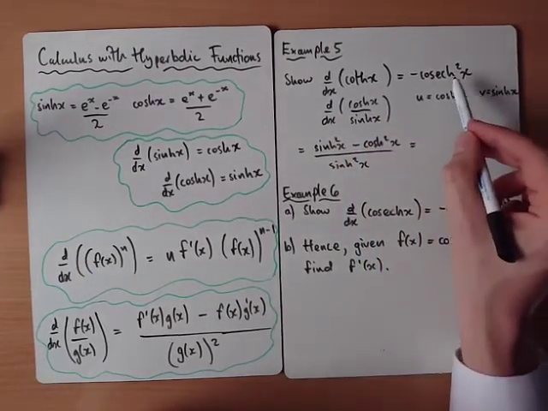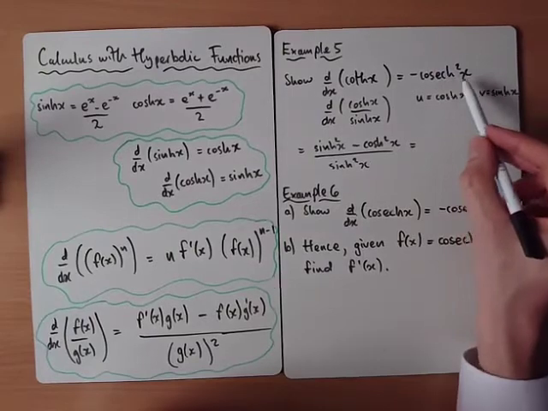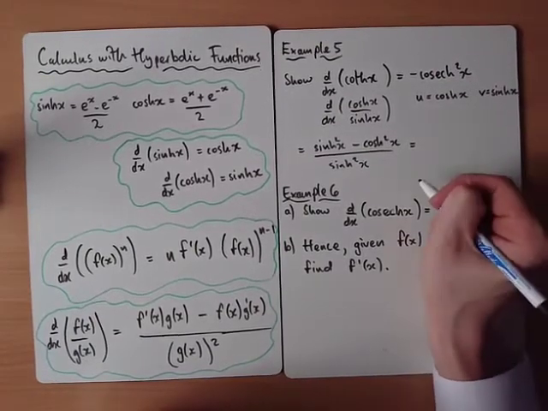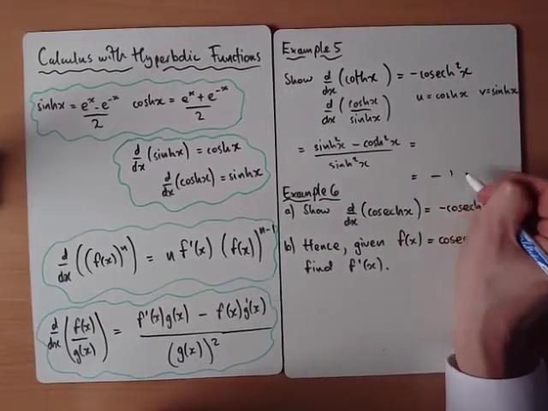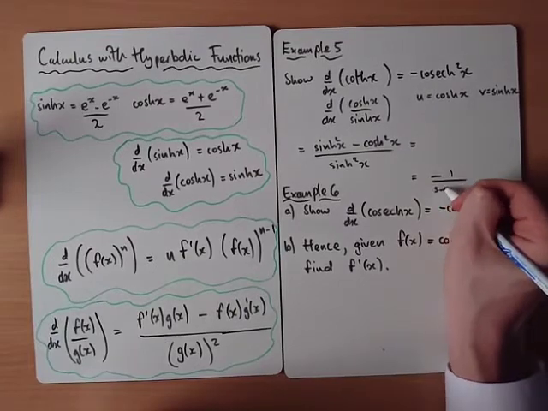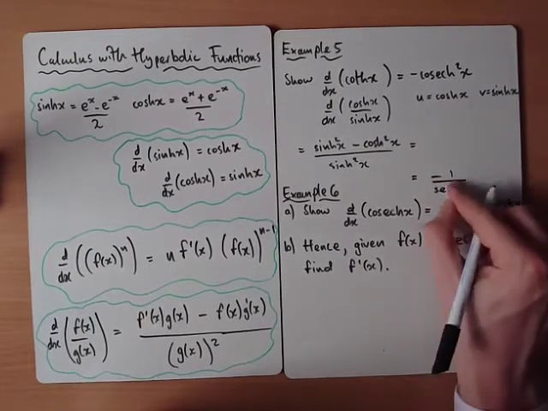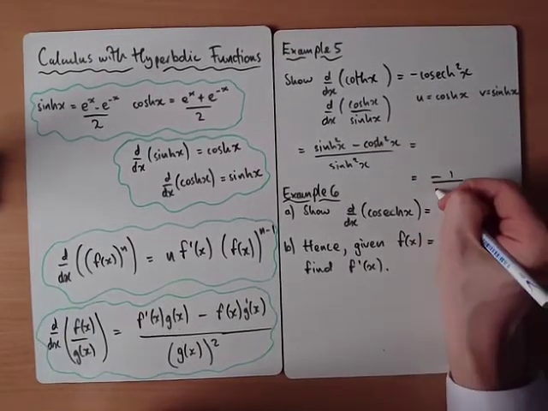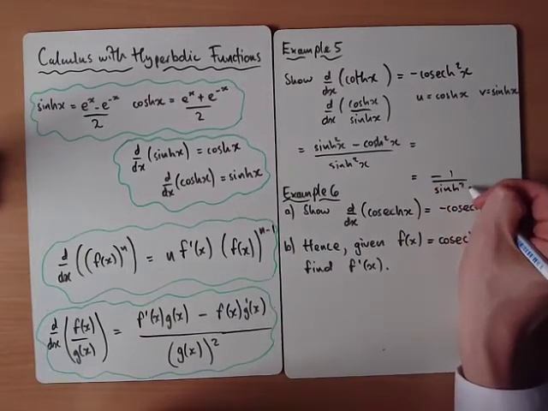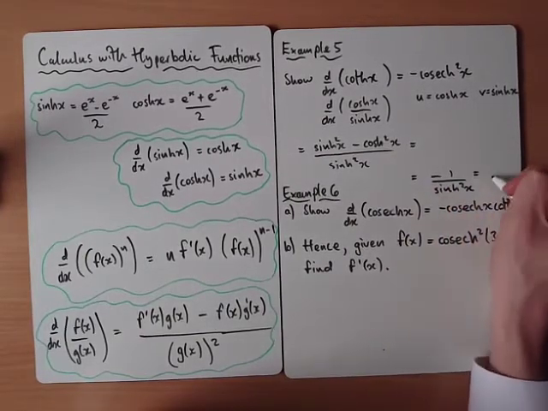Again, maybe work backwards a little bit, see if you can get to this answer to help you. Sorry, that's going to be minus 1 over sinh squared.